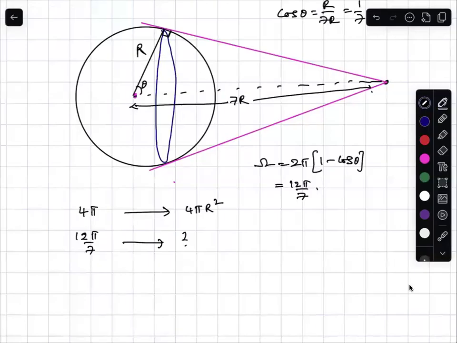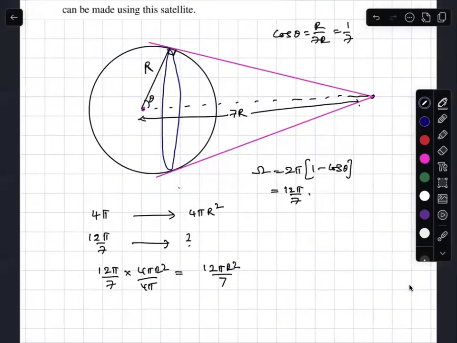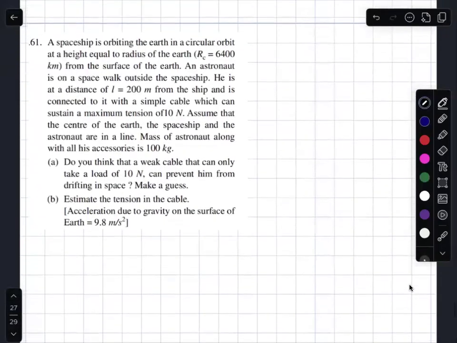Suppose you place that satellite at the center of the Earth, every surface point is covered. So for 12 pi by 7, how much is covered? Which means 12 pi by 7 times 4 pi R square by 4 pi, which is nothing but 12 pi R square by 7. This much area is covered. Any doubts? Right. Next question.